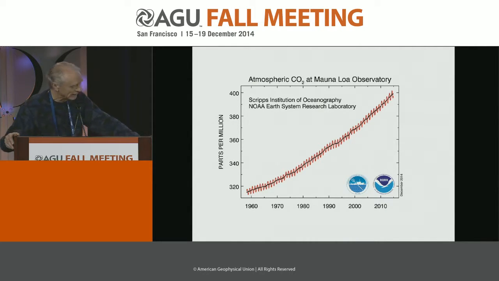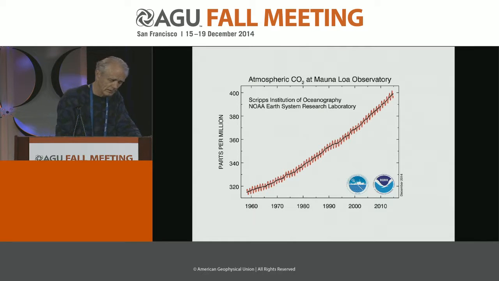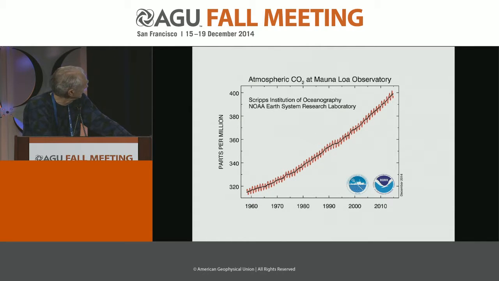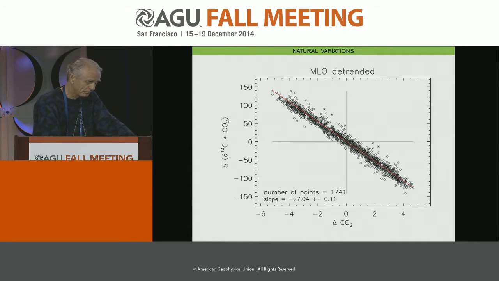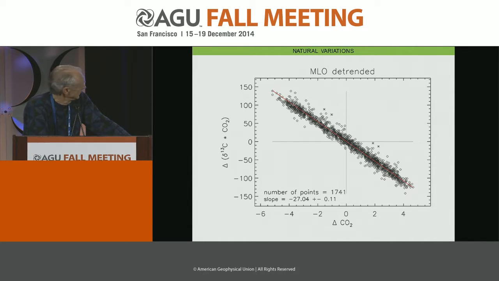The black line is a deseasonalized trend created by removing a 7-year moving average seasonal cycle. So we'll take a look at that first. We can look at the seasonal cycle by looking at both CO2 and C13.